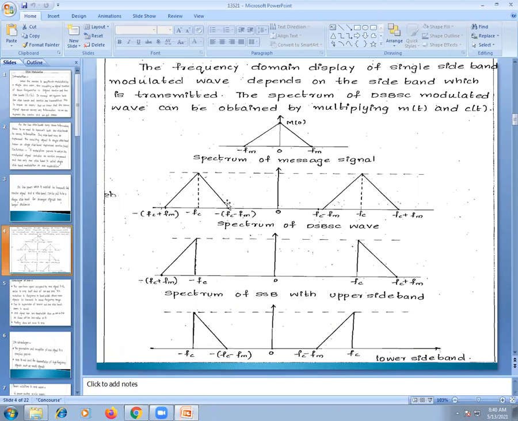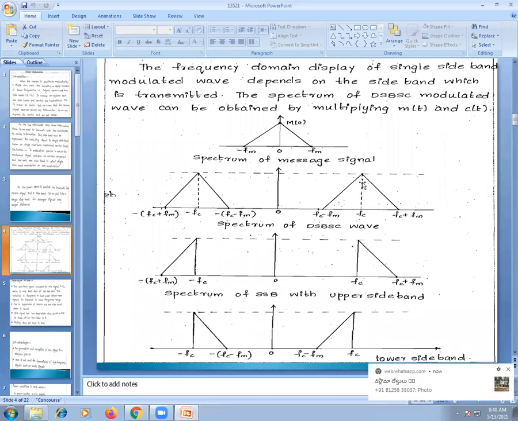Now, in the second wave, the spectrum of the DSB-SC wave, the double sideband suppressed carrier wave, is shown. Okay, double sideband suppressed carrier spectral components. You observe that at fc the representation is a dotted line.